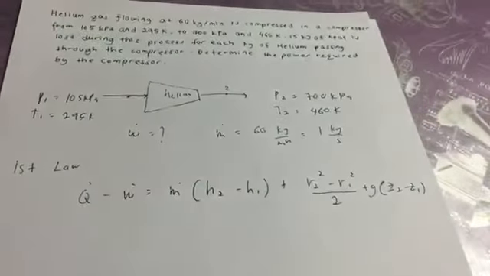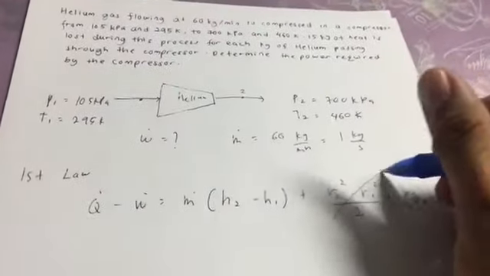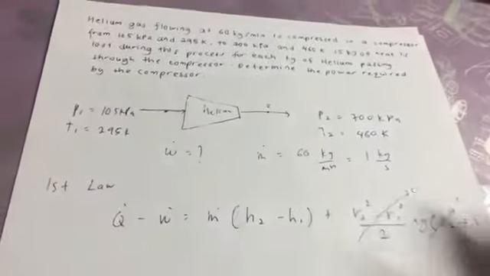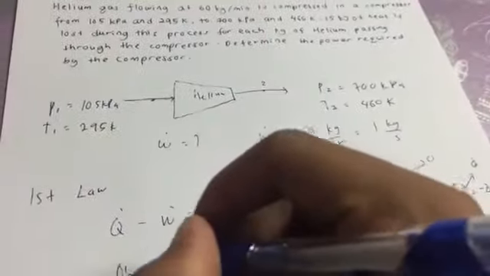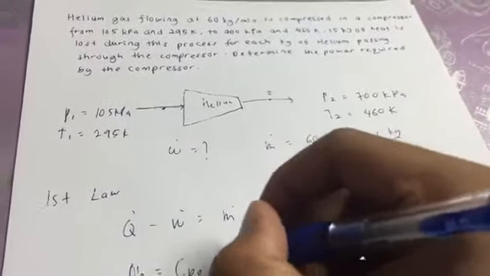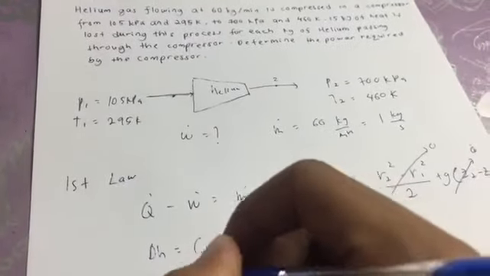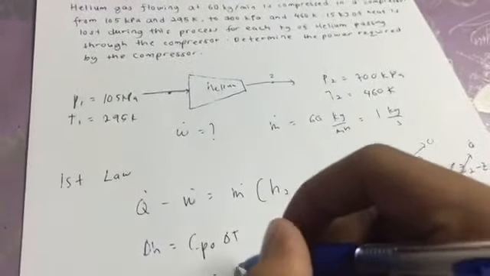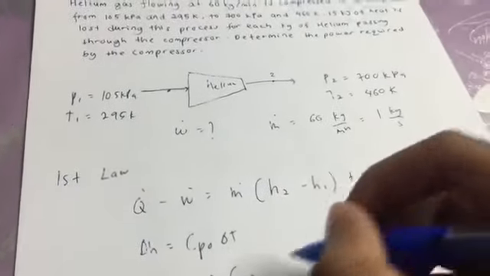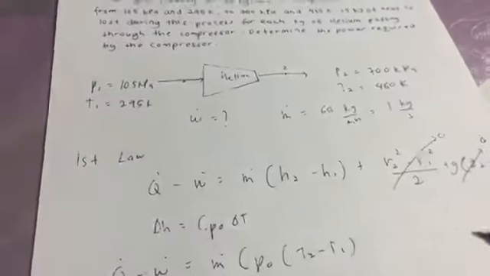Based on the question, the kinetic and potential terms are 0, so delta H equal to Cp delta T. So Q dot minus W dot equal to m dot Cp (T2 minus T1).